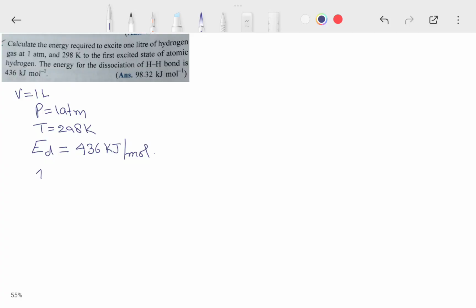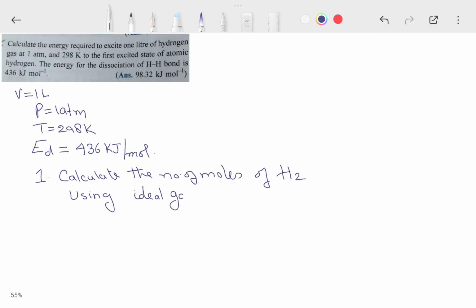So first step will be to calculate the number of moles of hydrogen using ideal gas law, that is PV is equal to nRT.